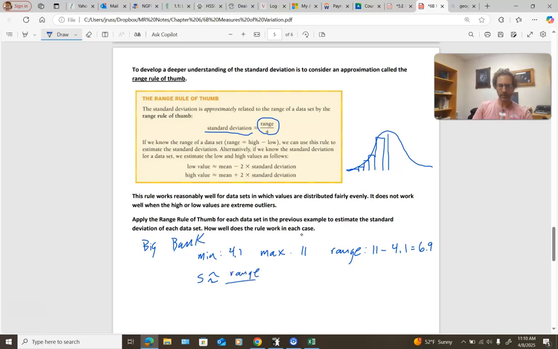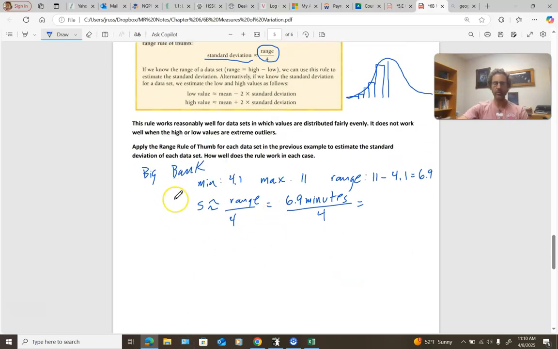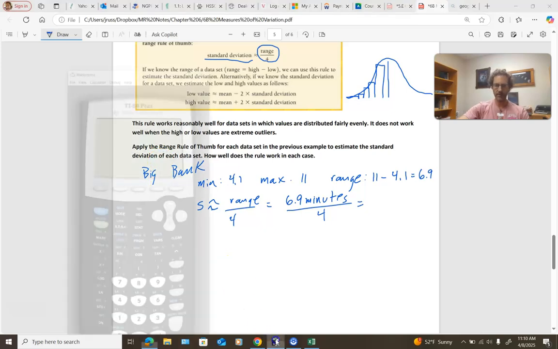So it's the range divided by 4. Let's plug this into our calculator and see what we come up with. Then we'll do the same thing to get an estimate for the standard deviation for Best Bank.